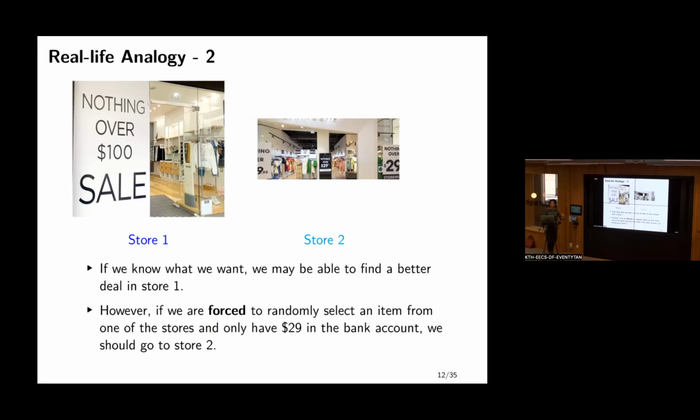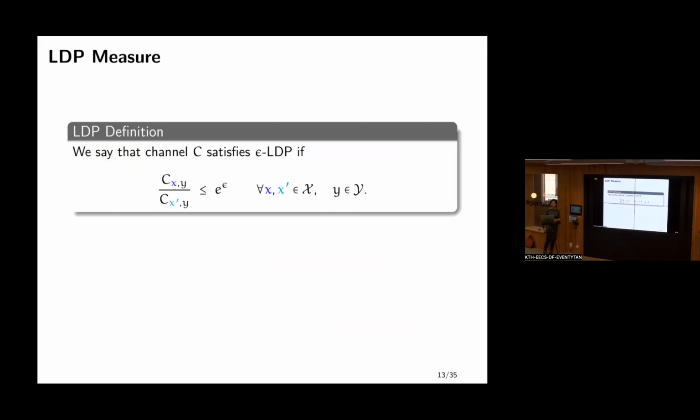So I hope this sets the setting for what we may want to do. Now let's go back to the privacy situation. I said this epsilon parameter is a single value. How is it calculated? It is the ratio between the values of the channel transition probability matrix: at any given y, you compute this ratio between any x and x dash, any two secret values.